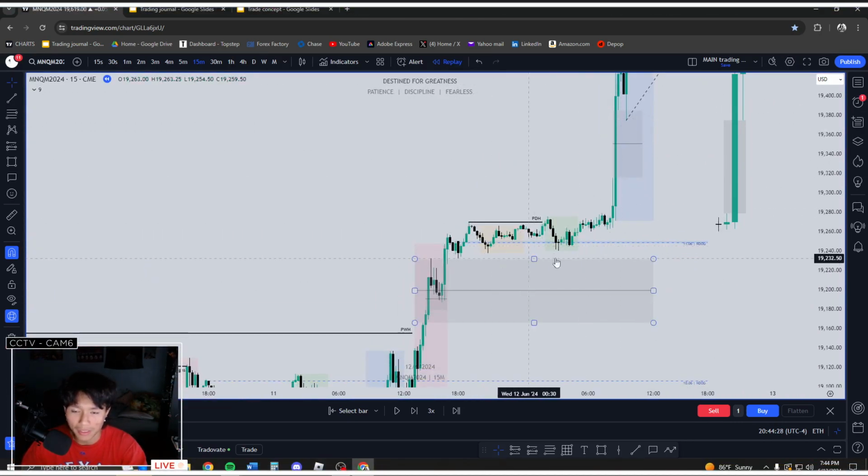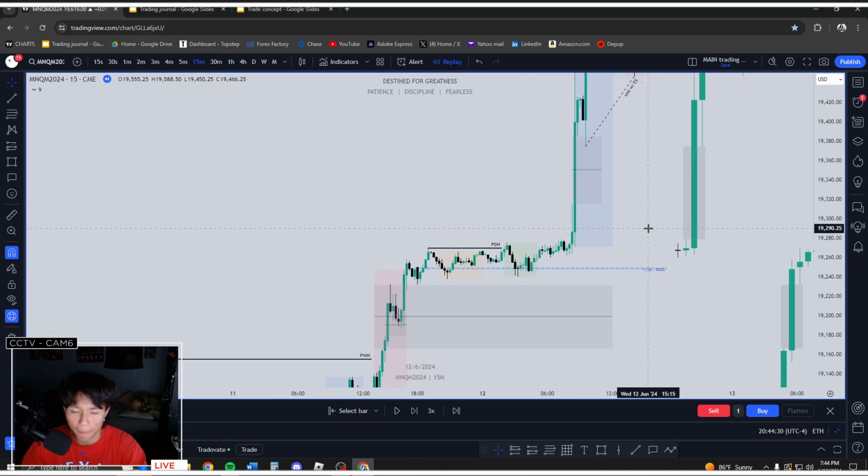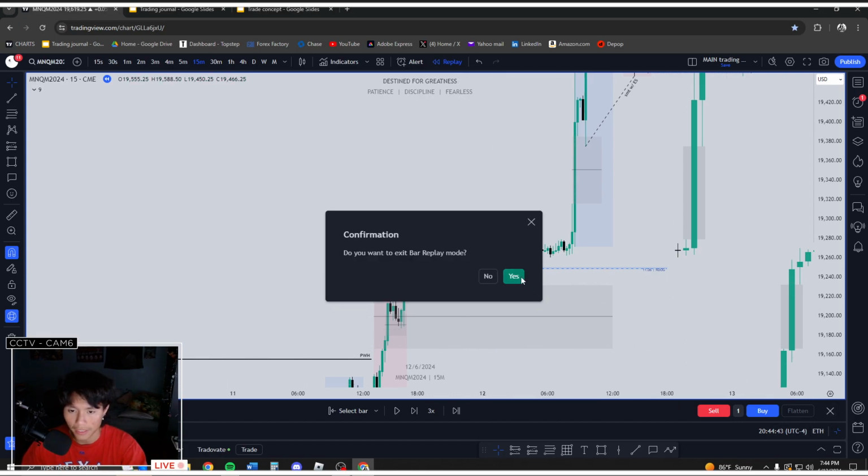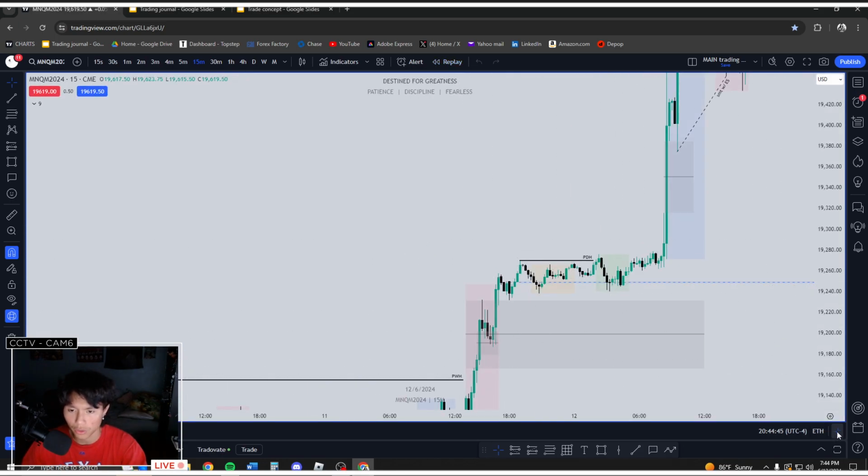We had no SMTs at the Asia and London's. Oh, actually, we had SMTs, I believe, here and here, but I don't think any of the indices... I think all indices left Asia lows as the low of the day. Let me just check.